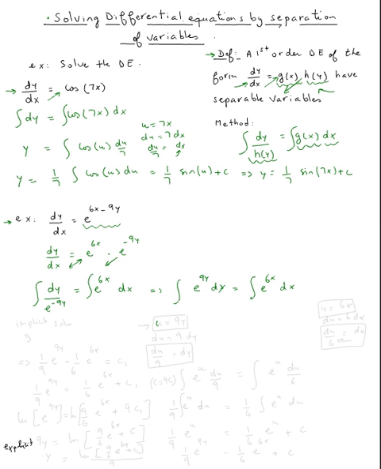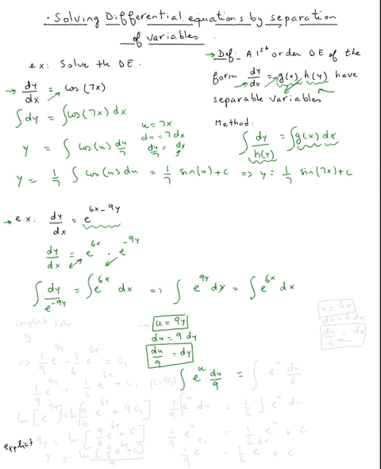So here the u will be 9y. du will be 9 dy. So dy will be du over 9. And so the left side will be the integral of e to the u, where u is 9y, and dy is du over 9. Always solve for dy.